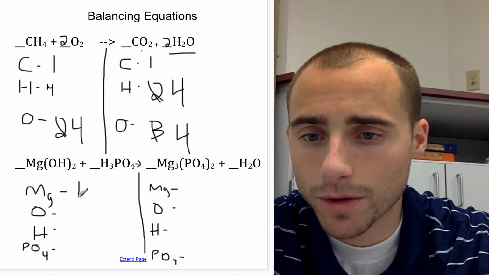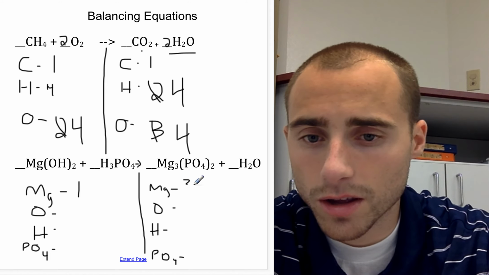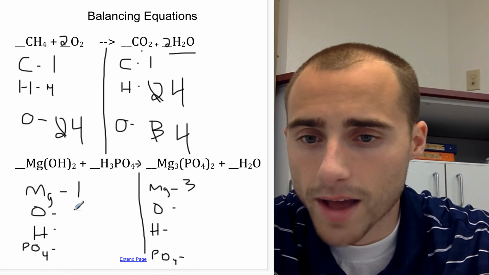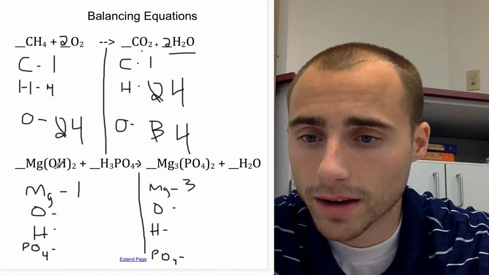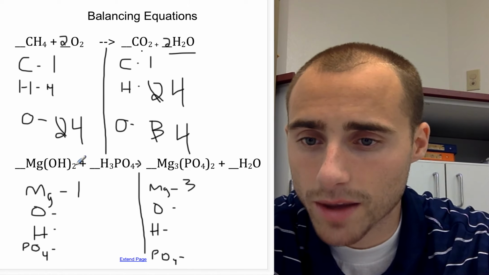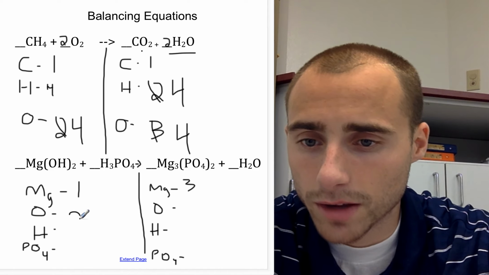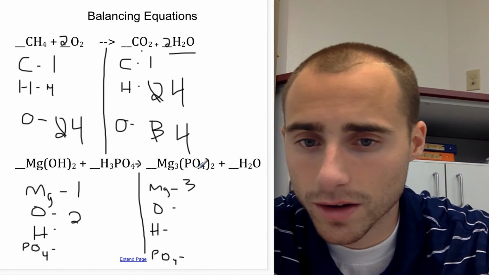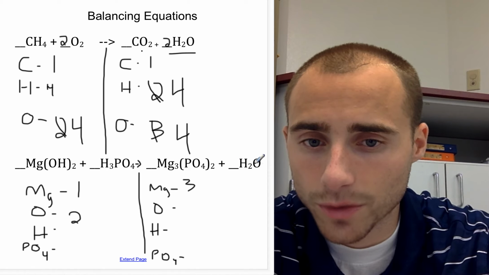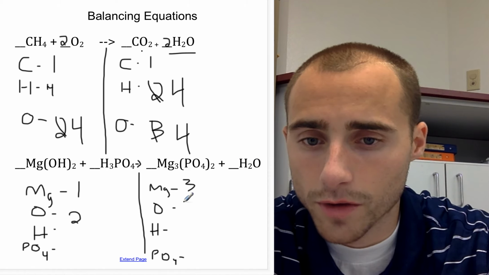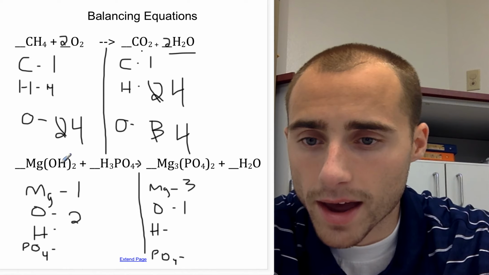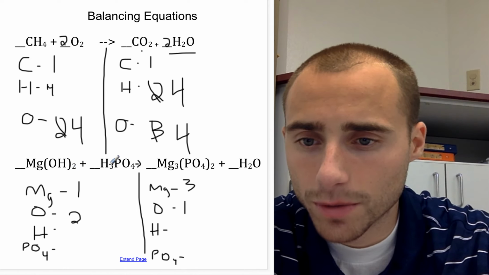Let's count our atoms. We have 1 magnesium, 3 magnesium. Our oxygen's a little complicated because we have the O in here, and we're going to multiply that by 2 because of that subscript. So we have 2 oxygens here, and we have just 1 oxygen over here. We have 2 hydrogens plus 3.